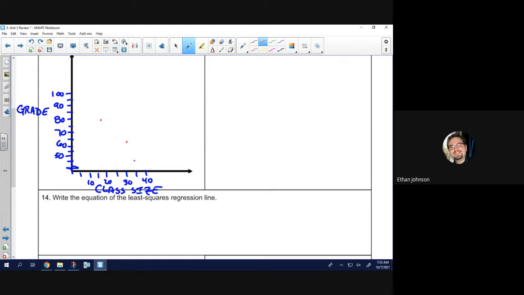I'll do one more. 15 and 80. So then you'd spend the time plotting all of the other points on the graph, just like how we did before.